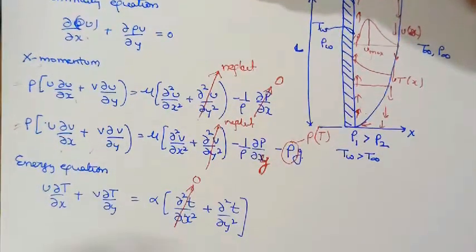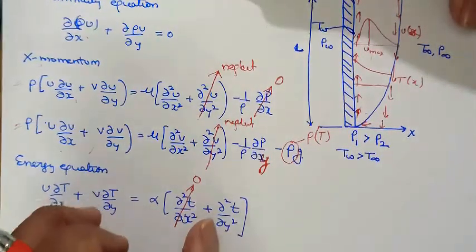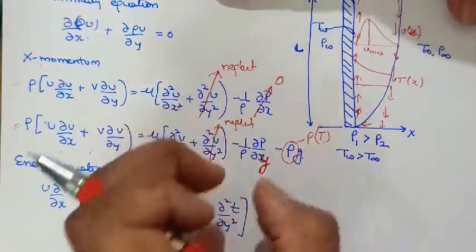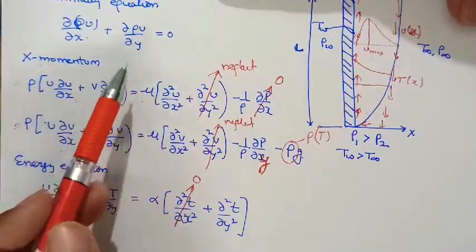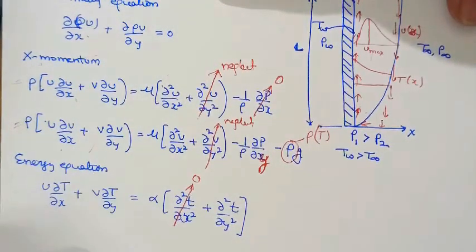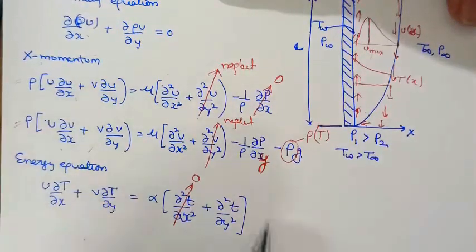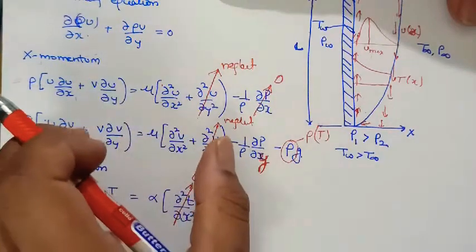Now this energy equation is directly linked with the momentum equation. In forced convection, we solve the momentum equation for the V, we put that V value in the energy equation to get the value. But here this energy equation is somehow dependent upon this momentum equation.